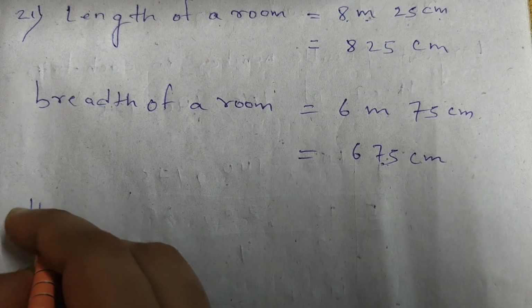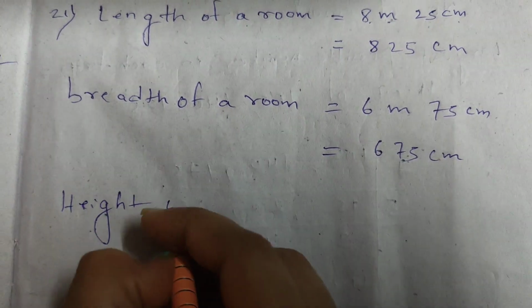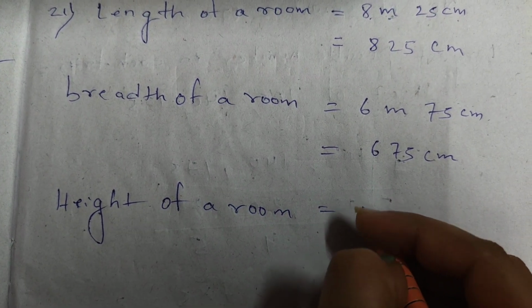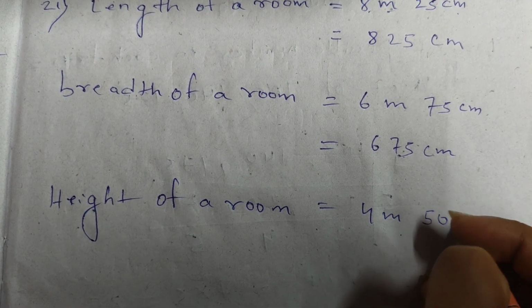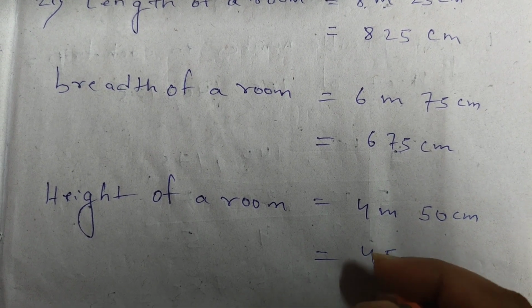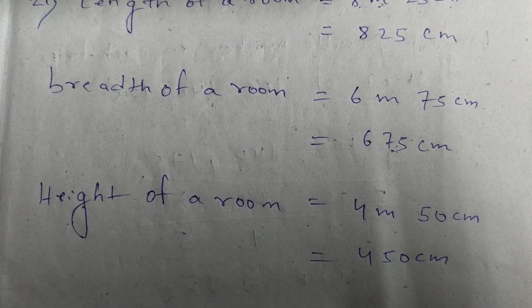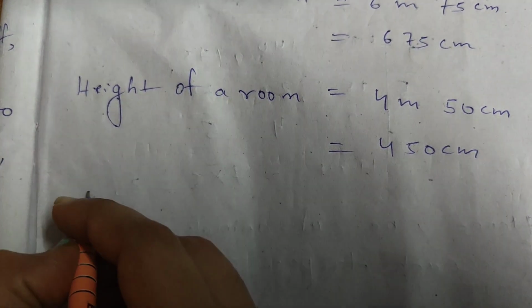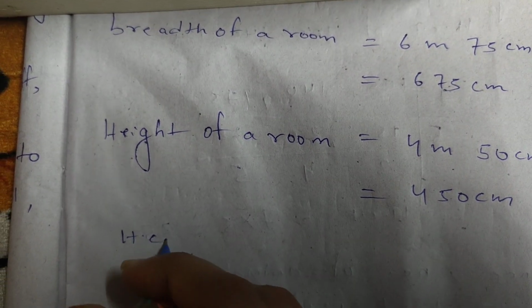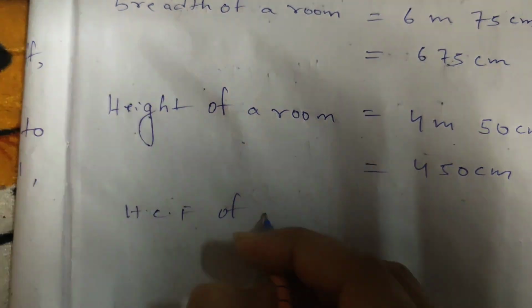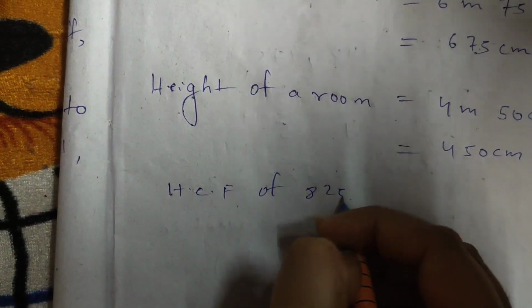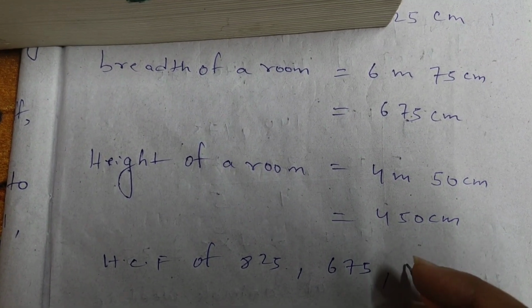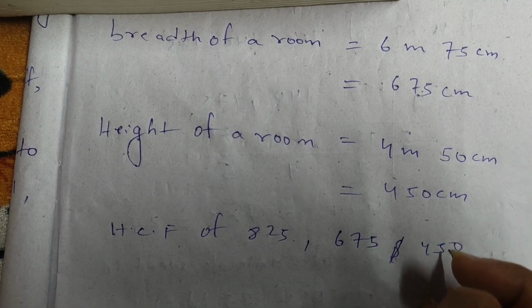Now height of a room, 4 meter 50 centimeter, that means 450 centimeter. Now HCF of 825, 675 and 450.